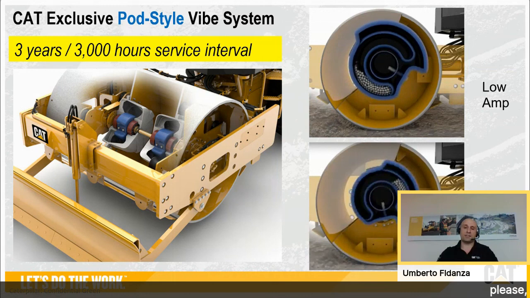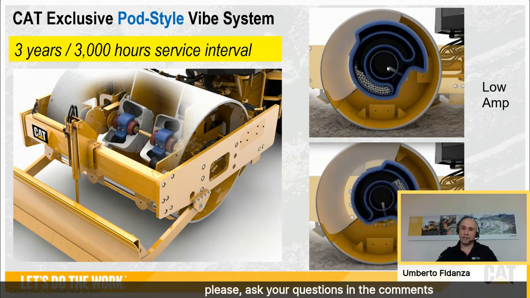So why is this system special for Caterpillar? Because the counterweight is not a block of steel rotating and clanging against a stop, creating metal shavings that can affect the oil bath and can decrease the life of the bearings.